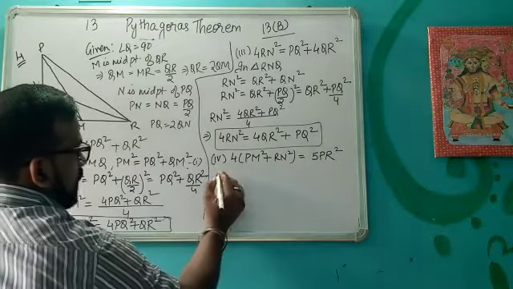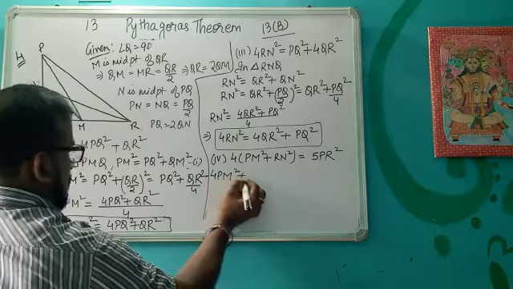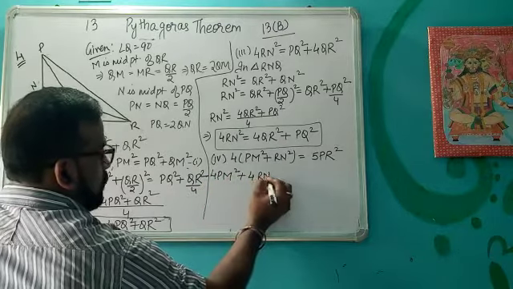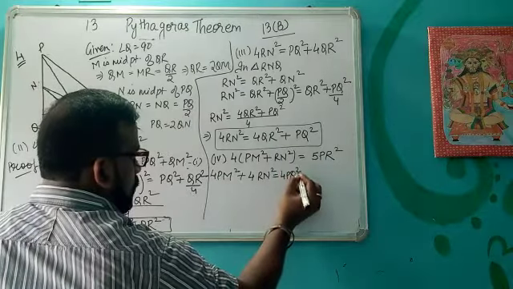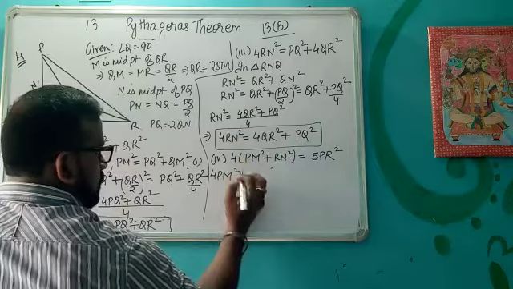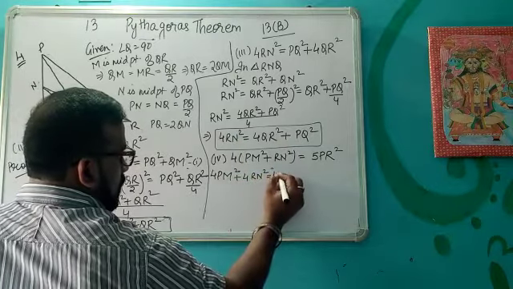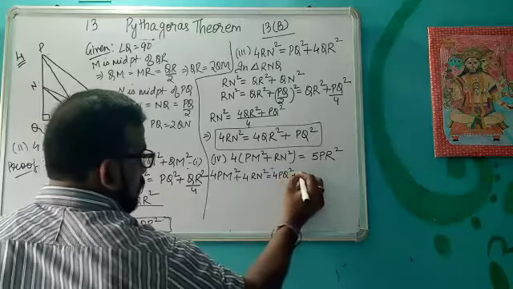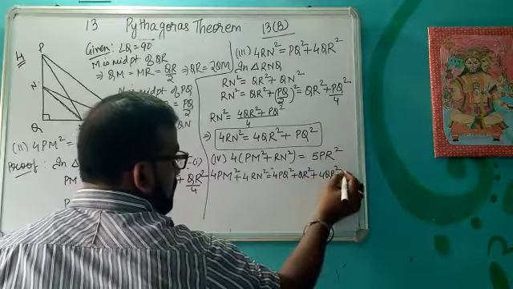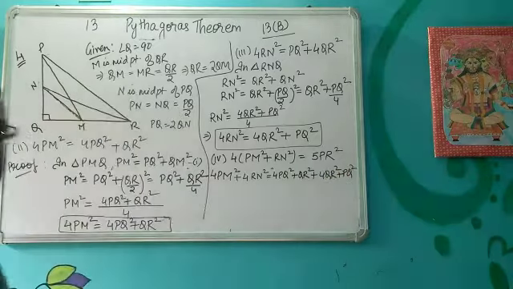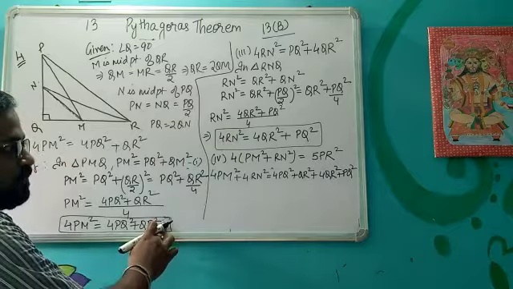If you add, what will you get? 4 PM square plus 4 RN square equal to 4 PQ square plus QR square plus 4 QR square plus PQ square. Okay, so I have added the results of these two parts.